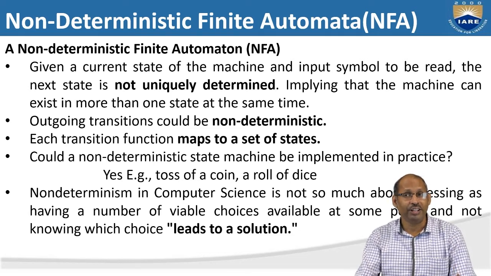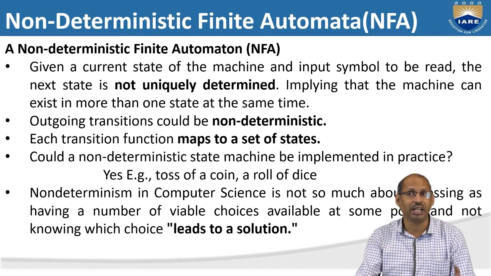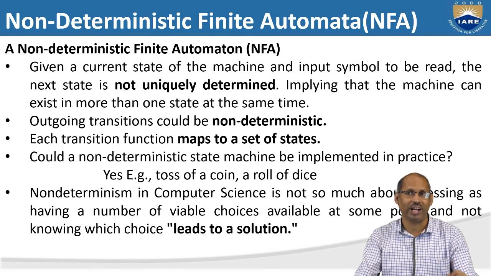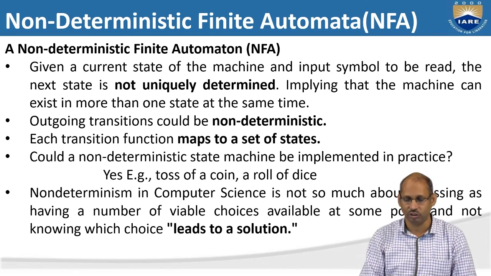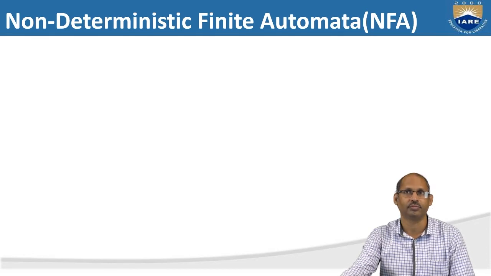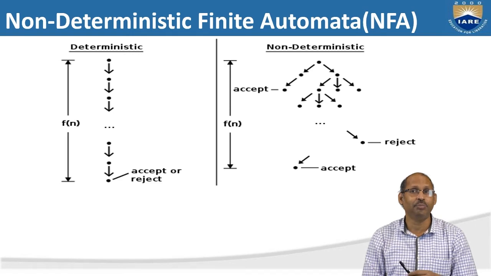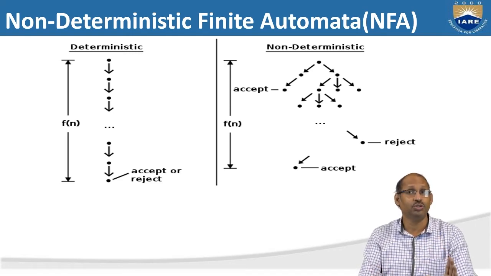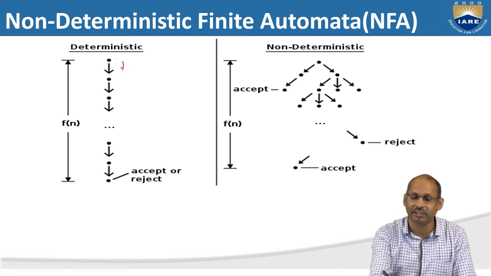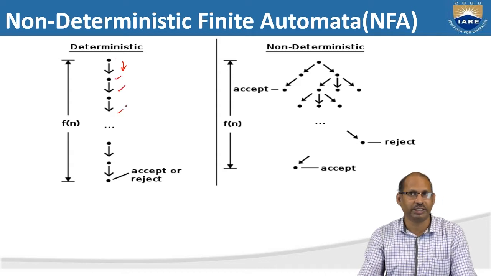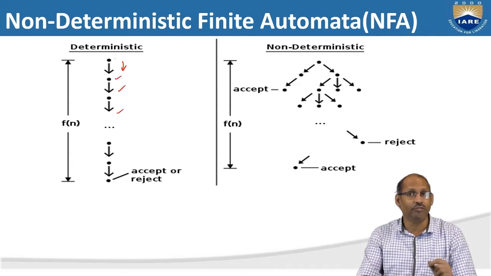So when you are finding whether some string is accepted or not, we have to consider all the possible choices, so that one of the choices may lead to a final state. If one of the choices leads to a final state, then the string is accepted; otherwise it is not accepted. Deterministic says that there is only one path: from one state to another, only one output state.